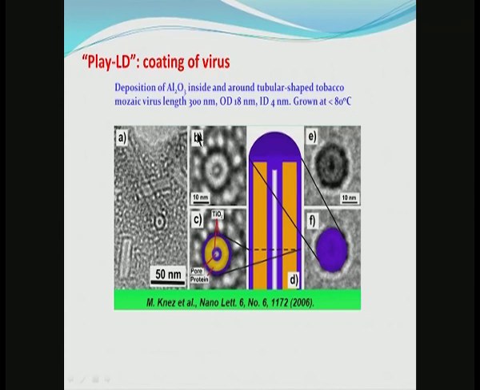Therefore, in this case it is important to conduct the ALD process at a very low temperature. So, what you can see here is the conformal uniform coverage of this tobacco mosaic virus structure without destroying it, because a low temperature has been used.